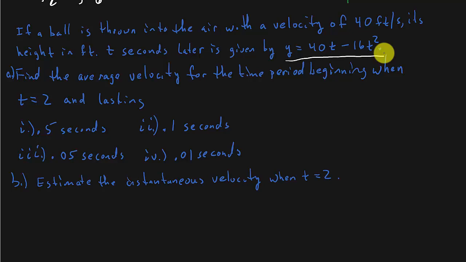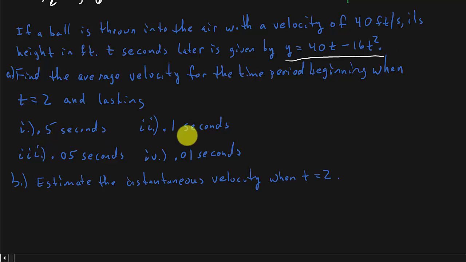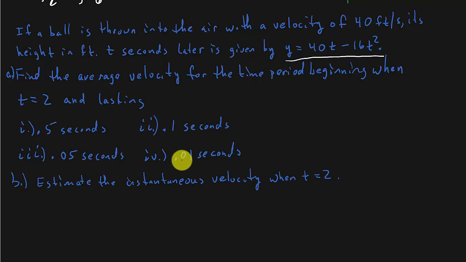Find the average velocity for the time period beginning when t equals 2 and lasting 0.5 seconds, 0.1, 0.05, and 0.01. All right, so they want us to calculate that.